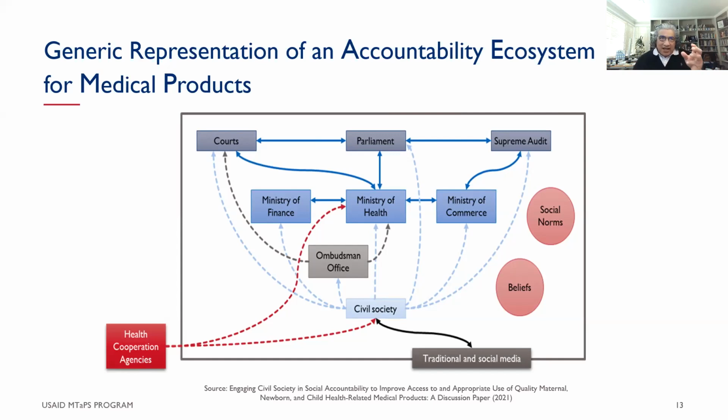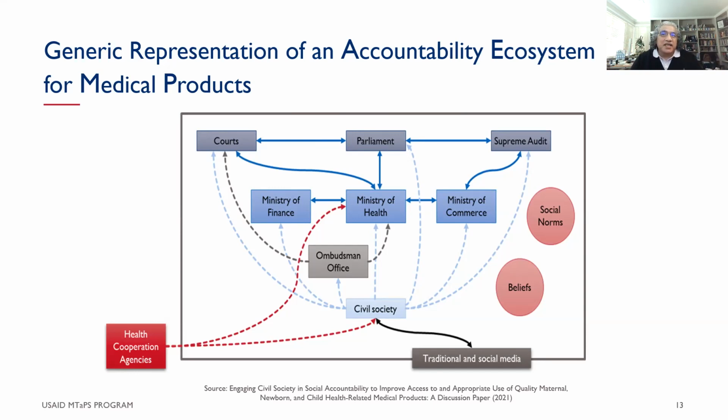And in this generic example that you could see, some organizations have a very solid line, which means there is a hierarchy on decision-making, and some others have a dotted line, which means that the role to influence those organizations is not based on formal hierarchies, but more based on different processes of advocacy.